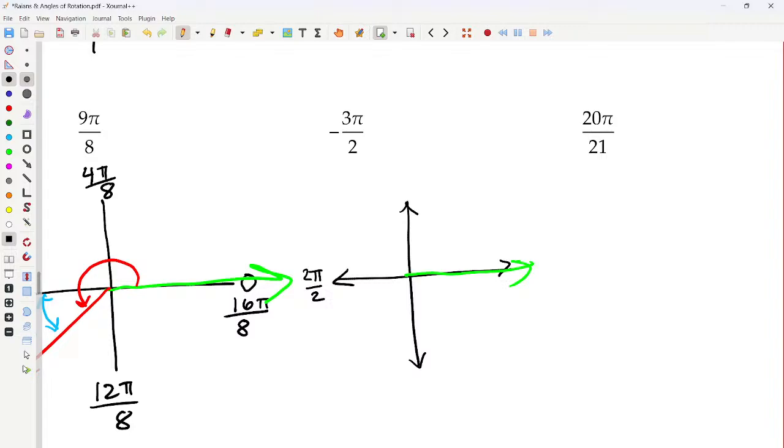And then if this is 1 pi, this would be pi over 2. Or this would be negative 1 pi over 2, right? So if this is 1 pi, which it is, then this would be half of it, pi over 2. But I'm rotating clockwise. So there's negative 1 over 2. There's negative 2 over 2. And here's negative 3 pi over 2.